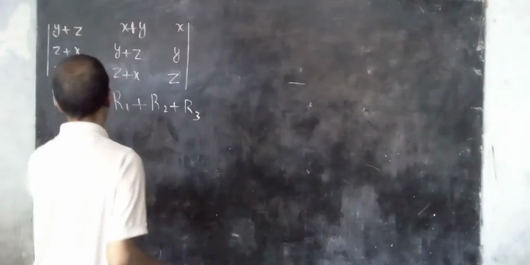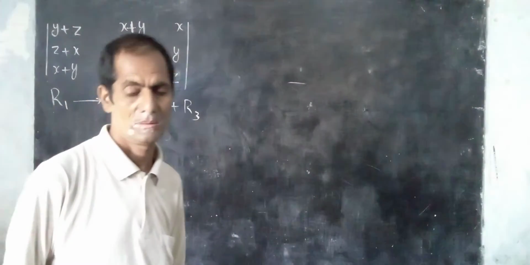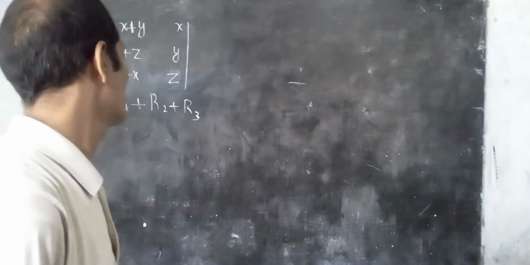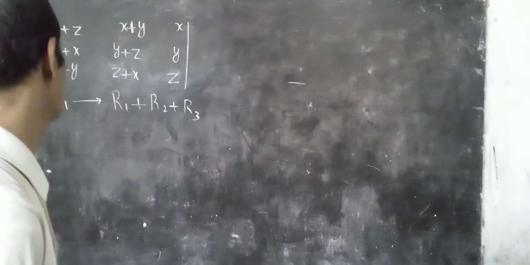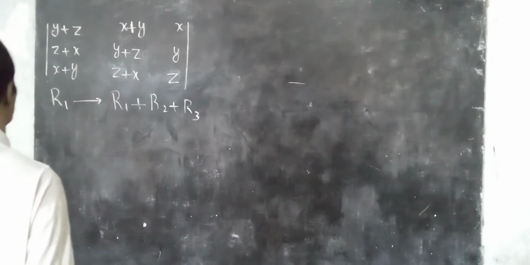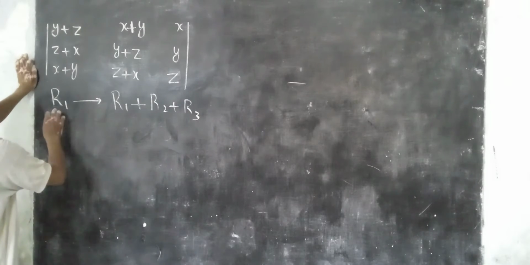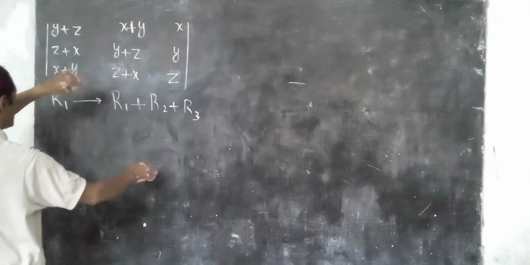When each element of the row becomes the same, then we take it out as common from the result. So R1 is replaced by R1 plus R2 plus R3.